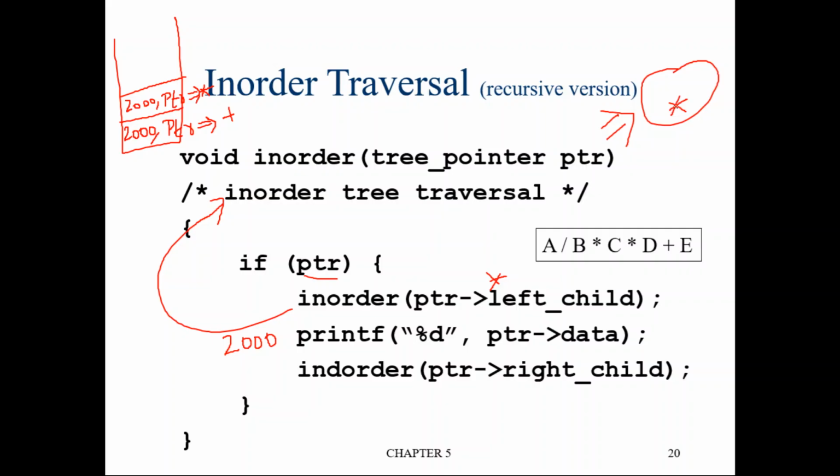Again PTR is pointing to star, but it's another star. Again control comes in and checks whether PTR is not null. Yes, it's not null, it is pointing to star. So once again you want to call inorder with PTR arrow left child.